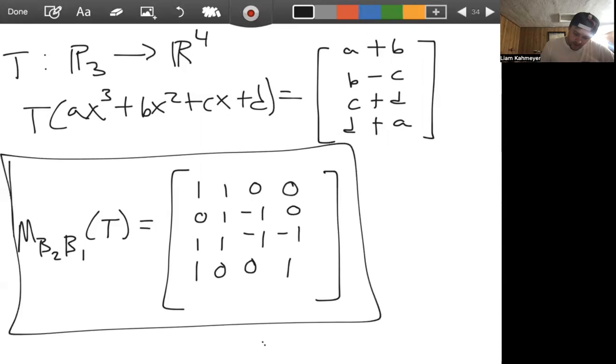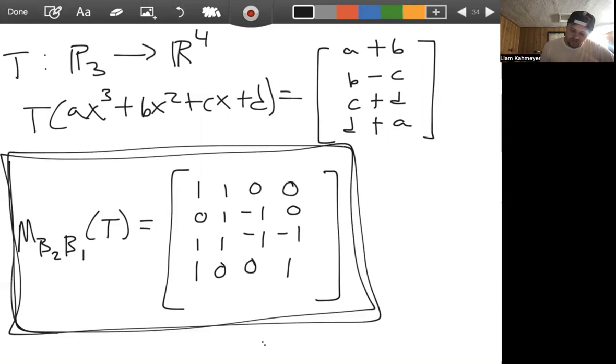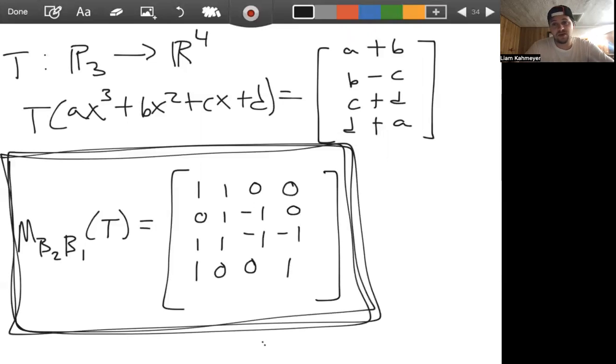So this is how you find transformations, or how you find matrices that represent a given transformation between two vector spaces. And you can see it was a little more complicated here when one of them was not just straight up Euclidean space, because you have different basis elements, and they behave differently depending on the transformation.